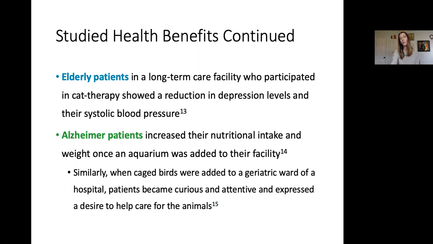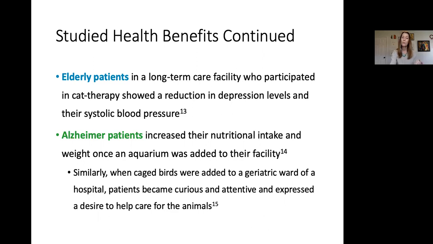Within our older population, we've seen tremendous benefits from animal-assisted therapy programs and animal-assisted interventions. In elderly patients within a long-term care facility who were working with a feline therapy program, they had a reduction in their depression levels and their blood pressure.